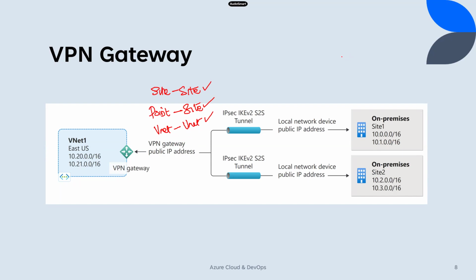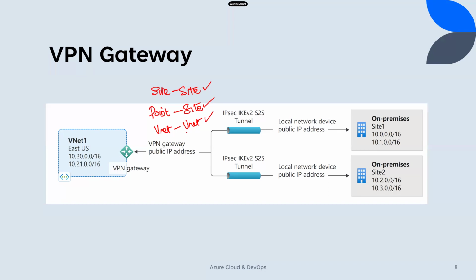So they need a huge bandwidth, right? In those times, this VPN gateway will not work, because the speed and bandwidth it supports will be less than ExpressRoute. That's the main difference between VPN gateway and ExpressRoute.